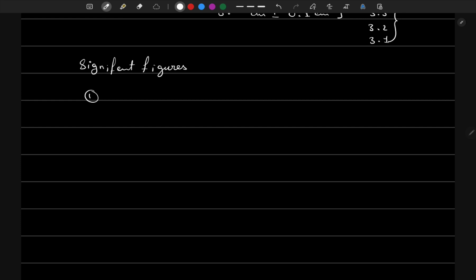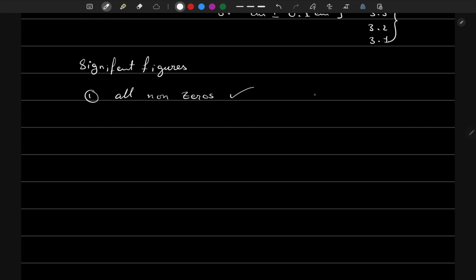Number 1, all non-zeros are significant. All non-zeros are significant figures.